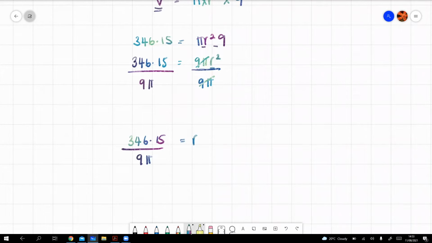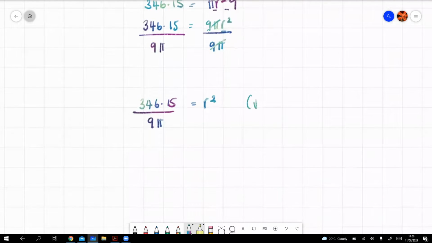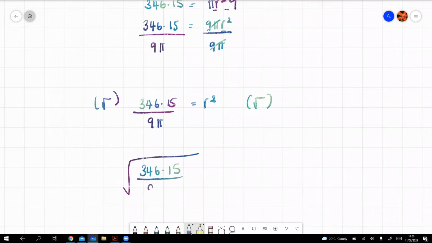That equals radius squared. How do I get rid of a squared? To get rid of a square, you square root. Remember, you've got to do it on both sides. So I've got to square root 346.15 over 9 pi. That'll give me the radius.